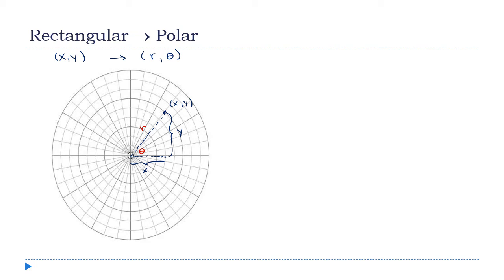Well, again, I'm going to take the same approach. I'm going to drop a line down here and make a right triangle, and then I can use this to get what I need. First, to get r, I'm just going to use the Pythagorean theorem. r squared equals x squared plus y squared, which means r is the square root of x squared plus y squared.